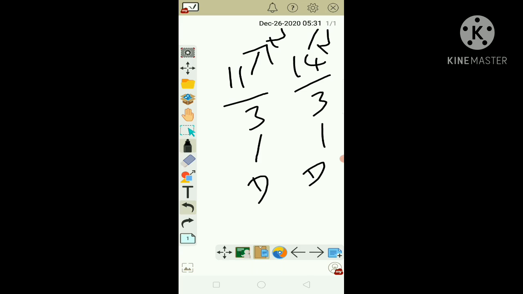So it is a like fraction. Step one: I find it's a like fraction. Step 2: as per the rule, the greater numerator is greater. So 14 upon 3 is the big fraction, meaning the greater fraction.